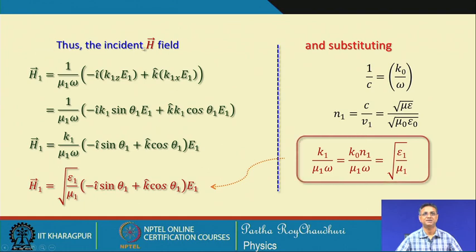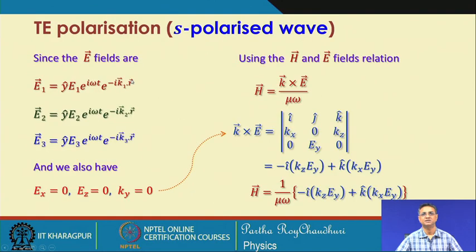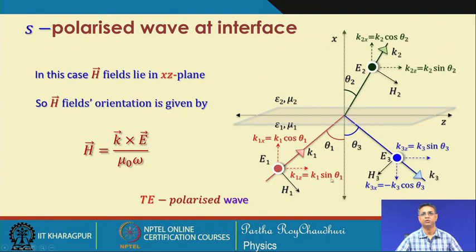Thus, in the incident magnetic field, we can represent H1 as 1 upon mu1 omega, with the x component and z component of this combination. If you simplify, k1z is k1 sin theta1 and k1x is k1 cosine theta1, and likewise for the reflected field k3 cosine theta3 and k3 sin theta3.